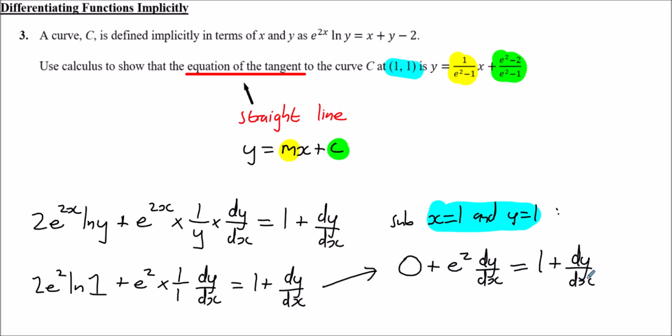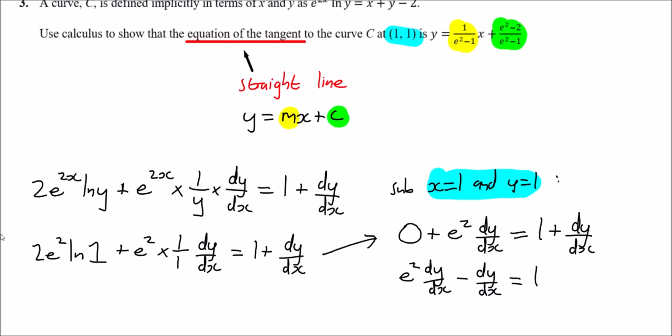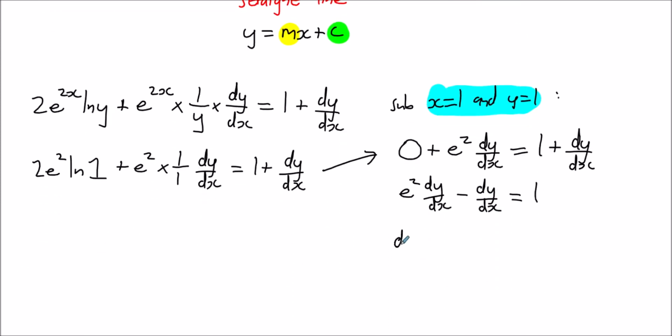I can then isolate and get all the dy by dx's onto the same side of this equation. So what I can do here, if I take away dy by dx from both sides, I then get e squared dy by dx minus dy by dx equals 1. I can then factorize out the dy by dx, so get dy by dx brackets e squared minus 1 equals 1.